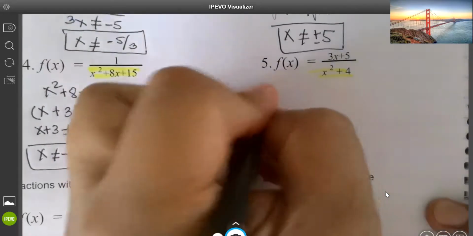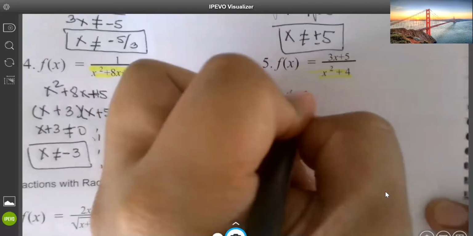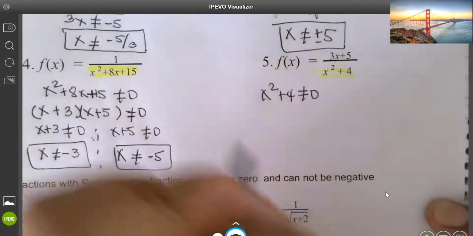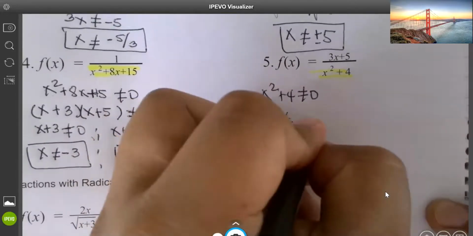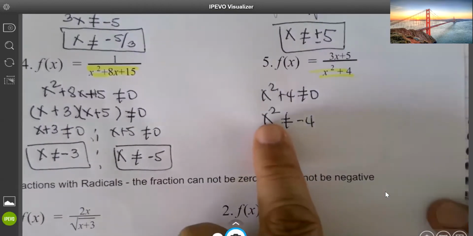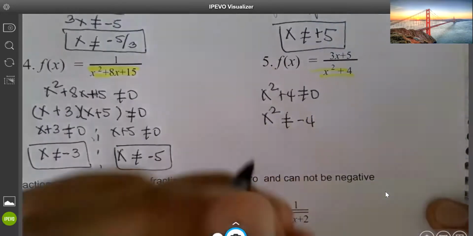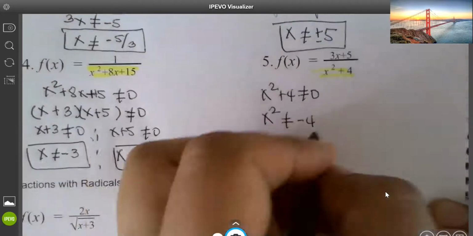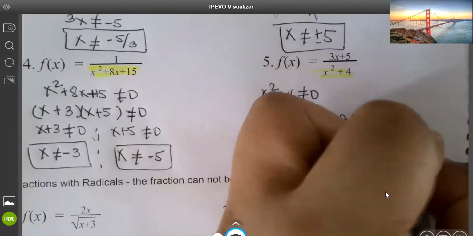So x squared plus 4 is not equal to 0. So x squared is not equal to negative 4. There is no number which, squared, is equal to negative 4. Okay, so here, this one is all real numbers.